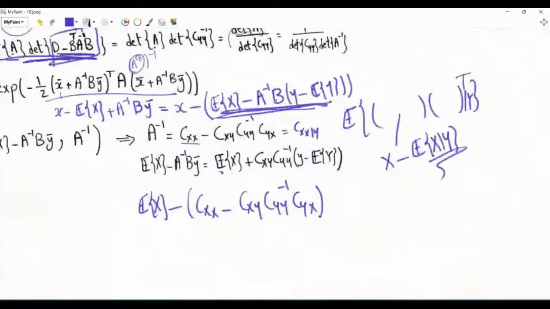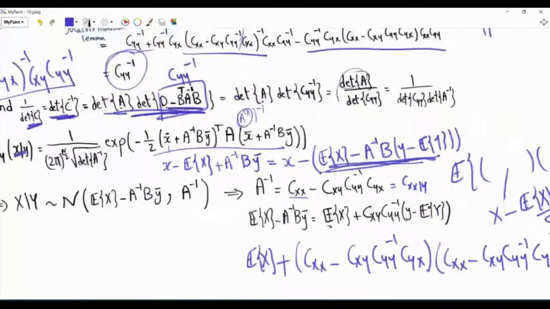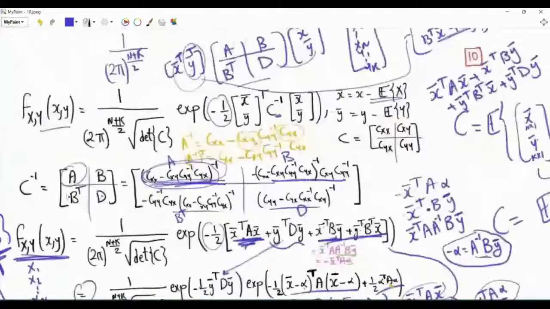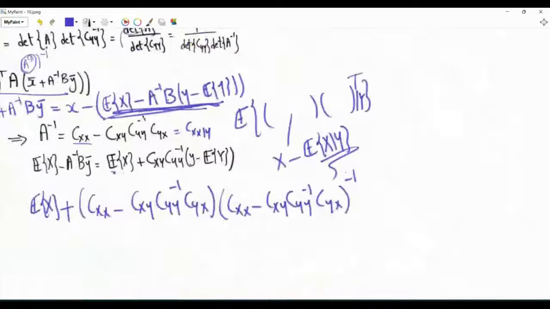So there is a minus. So this minus will make this plus. And the expression of B starts by something that is exactly like this bracket, but inverse, which is nice because these two guys, their product will be identity. And then we have Cxy, Cyy inverse. And then we have Y minus the expected value of Y.